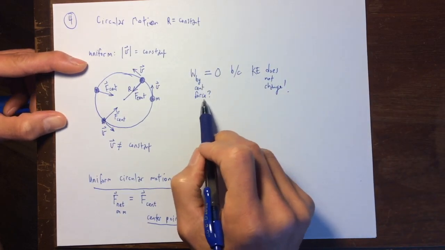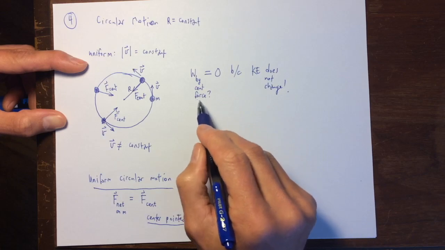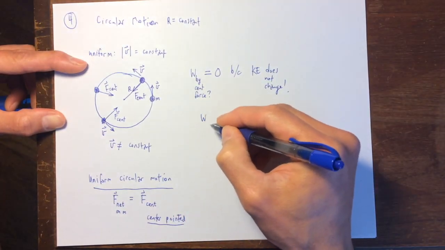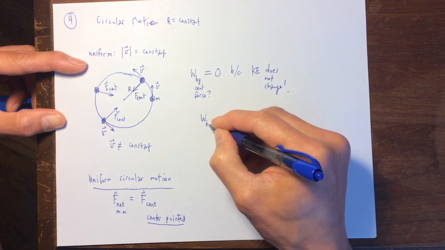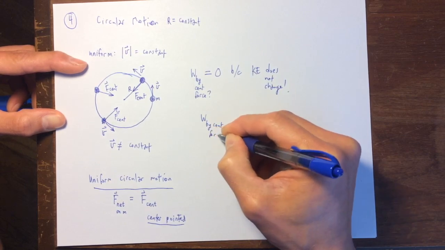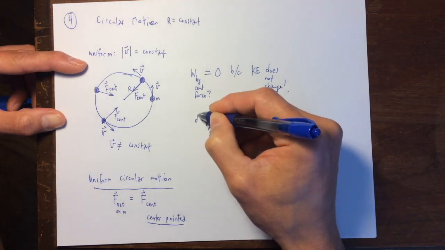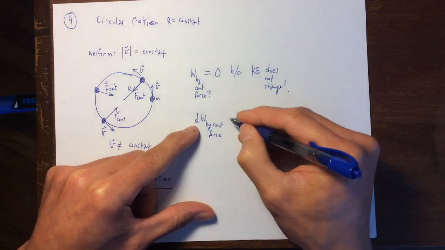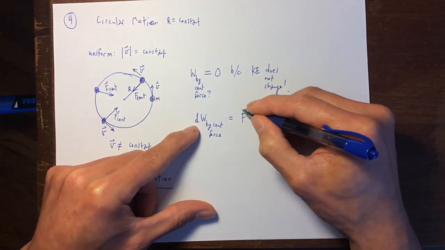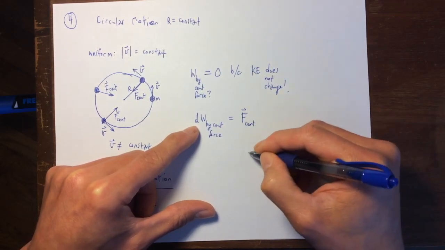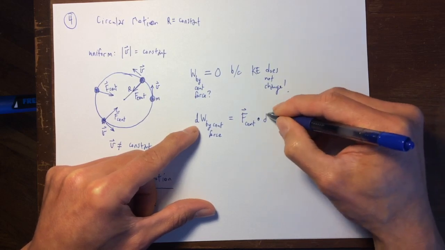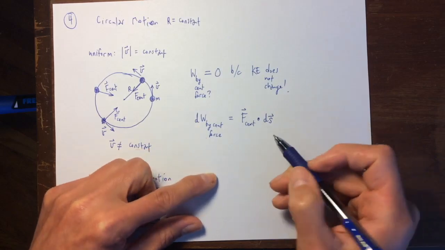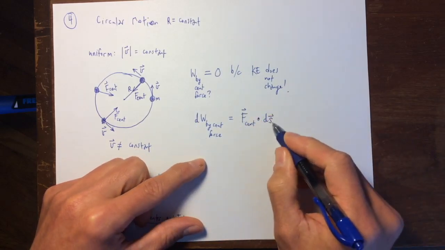There is no work done by the center-pointed force. There is another way to understand this, actually. It's to look at what is the work done by the centripetal force if we ask in small amounts. So this is the calculus infinitesimal dW. It's equal to the centripetal force vector dotted with a small displacement, ds, right? So this is a small amount of work done.